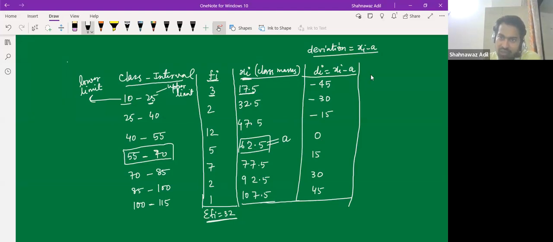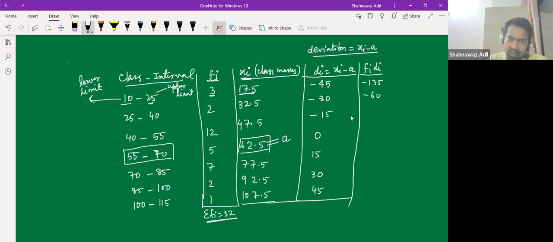Now we calculate fi di. So 3 into 45 is 135, with the negative sign. Then this is minus 60.